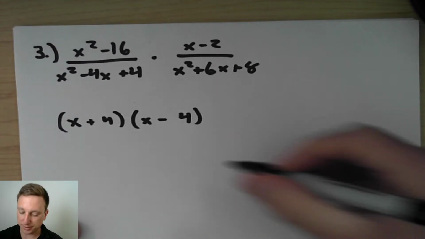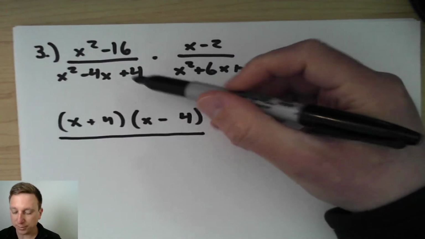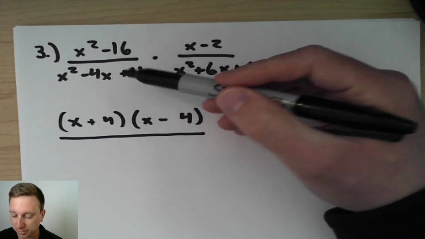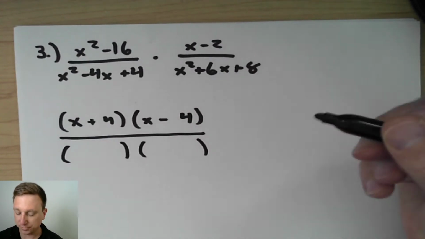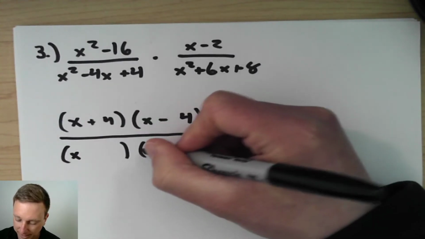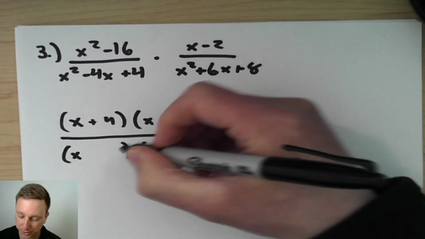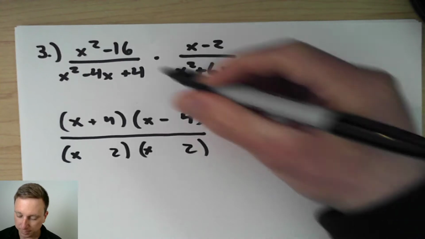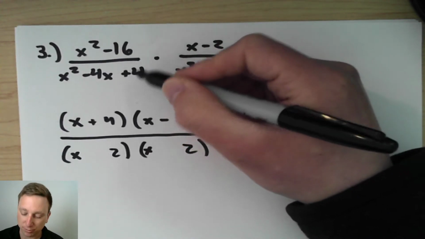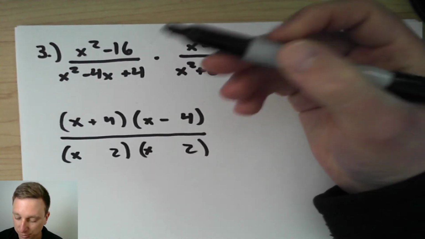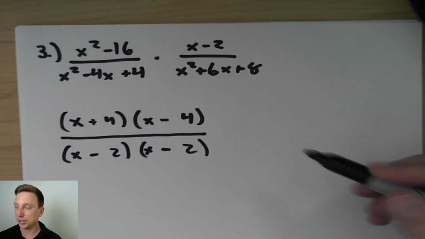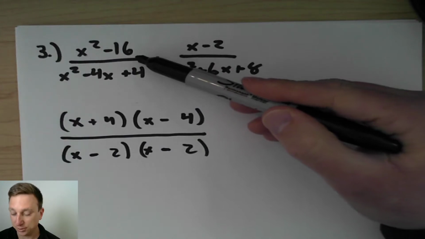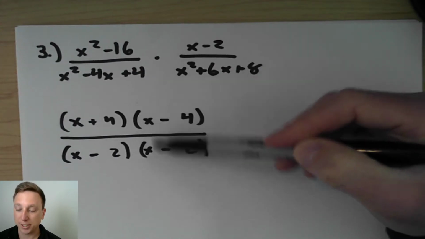Now if we factor the denominator, x squared minus 4x plus 4, again, this one is a perfect square, so x and x, my factors of 4, 2 and 2, and because there's a plus in the back, the result of multiplying two numbers that multiply to be positive have the same sign. These are both negative.